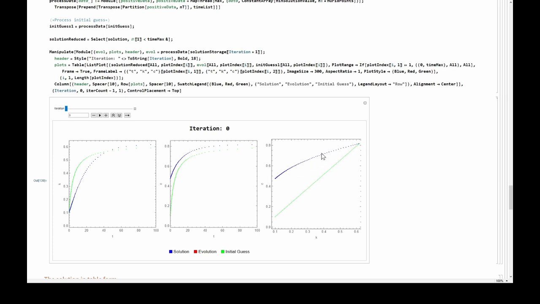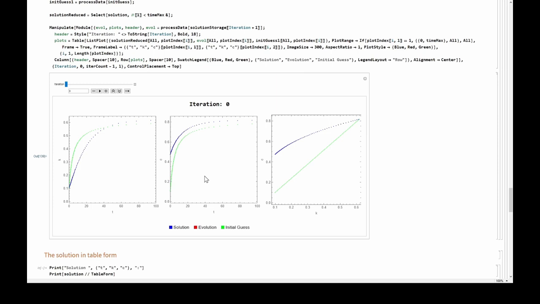The blue one is the solution, and we would now basically play with this number of iterations to see, okay, the initial guess is blue. After the first iteration, we get the red dots. The red dots are kind of the in-between solution.